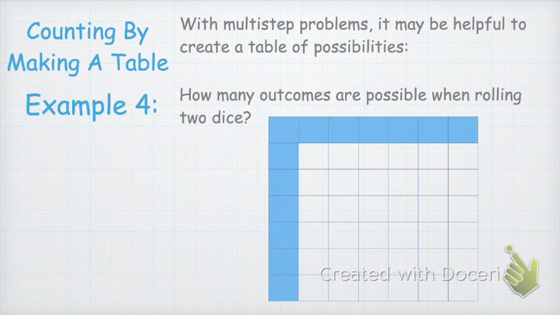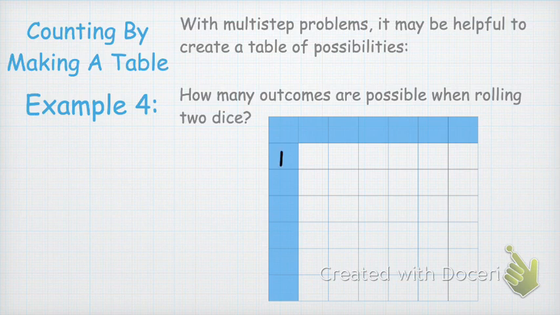Some other strategies. It's quite often useful to make a table, especially when something's happening more than once. So if we were going to, for instance, roll two dice or roll a dice and then roll it again, what are the different possibilities? And so in a situation like this, it's quite common to make a table.